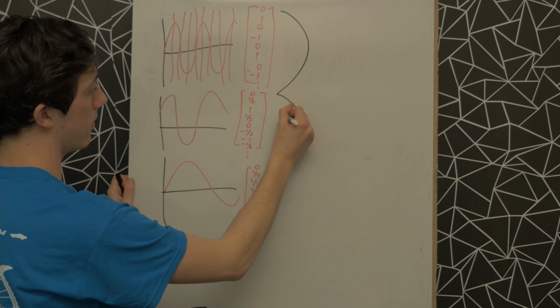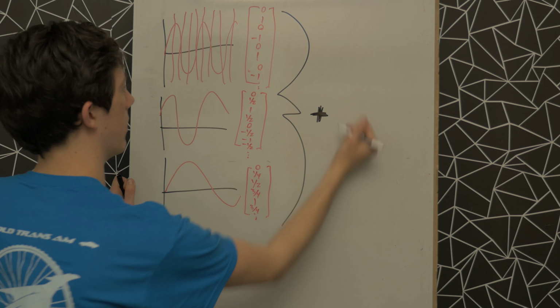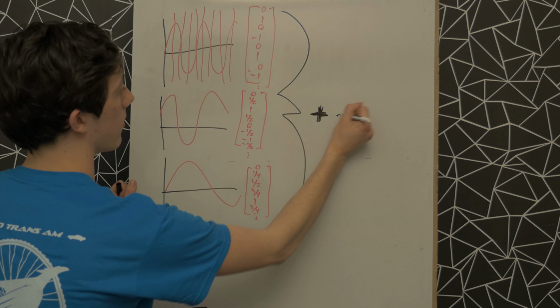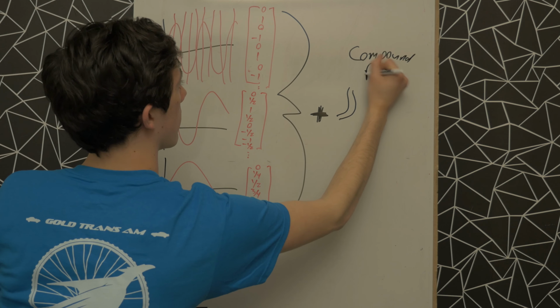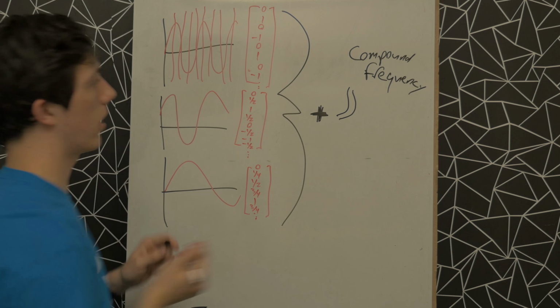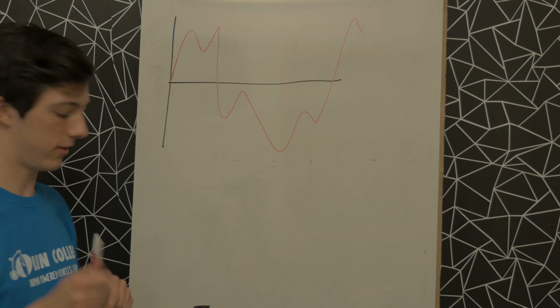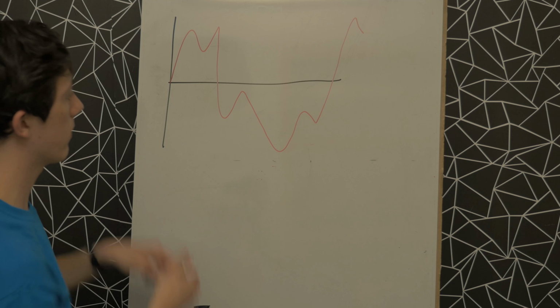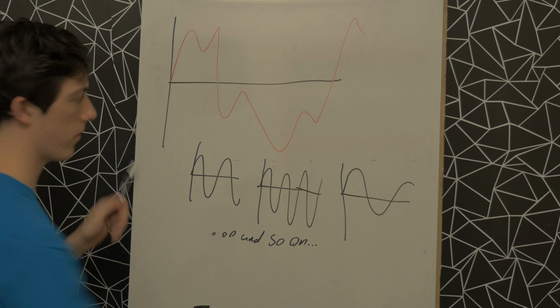We could take these and add them up to give us our compound frequency. Any complicated audio wave that we would see in real life is made up of a combination of simple component frequencies.